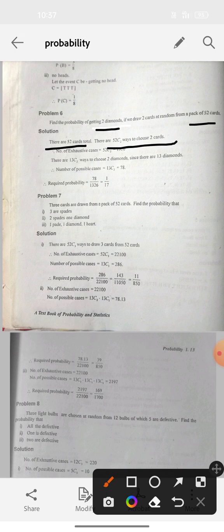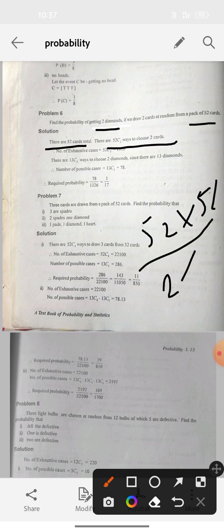As of now, I think you all know about permutations and combinations. So from choosing 2 cards from a pack of 52 cards, you have 52C2 ways. How to find 52C2? It means 52 into 51 by 2 into 1.